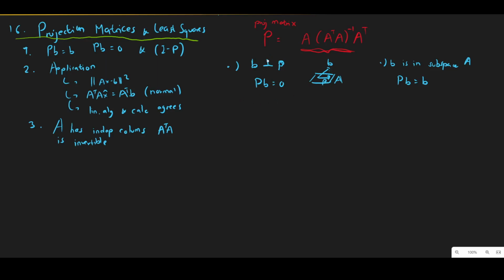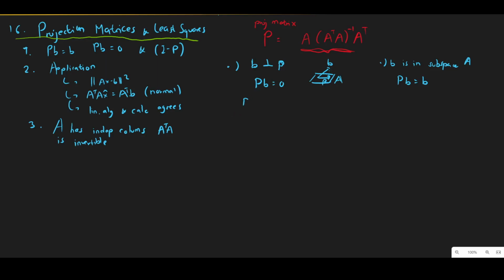So if B is perpendicular to the P, then we stated that the projection of B, with the projection matrix P times B, will be 0. So let's continue with this one.